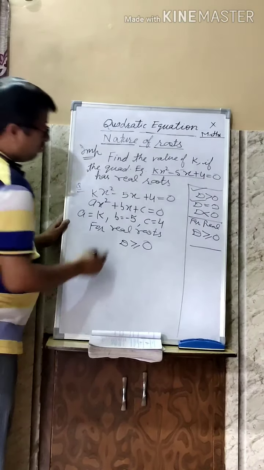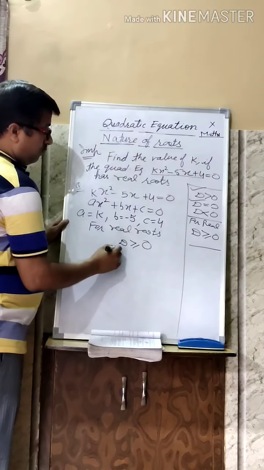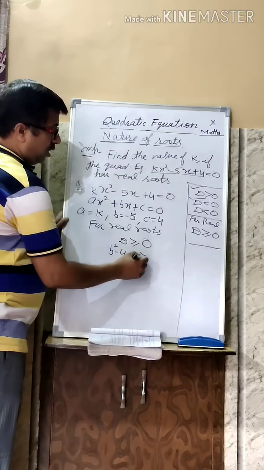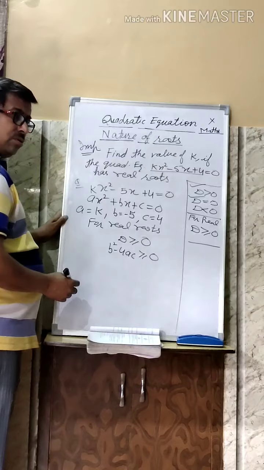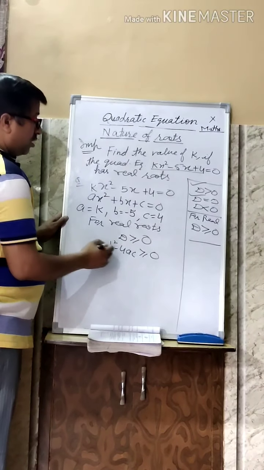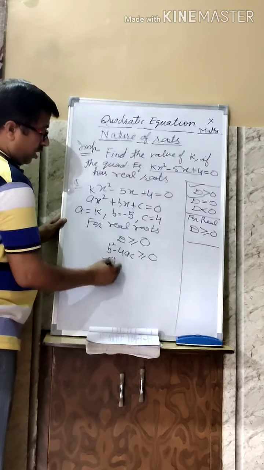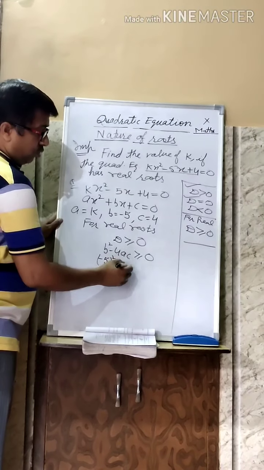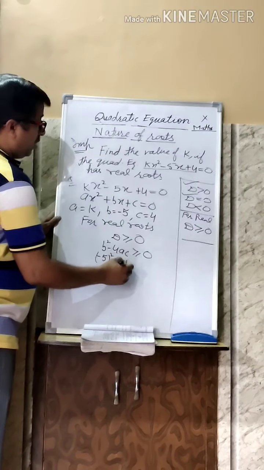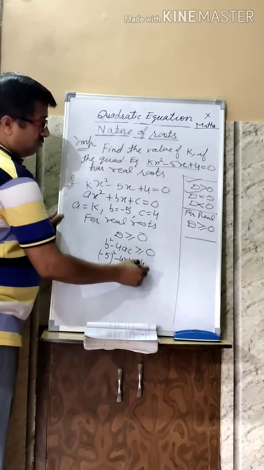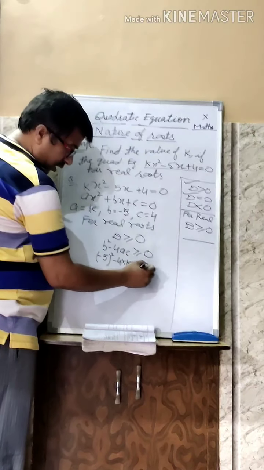Understand? So D means b square minus 4ac greater than or equal to 0. So b square, b value is minus 5 square, minus 4, a is k and c is 4, greater than or equal to 0.